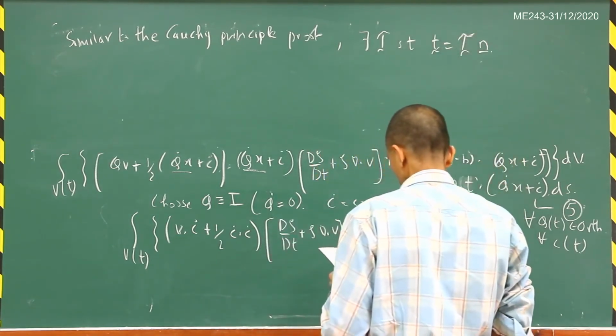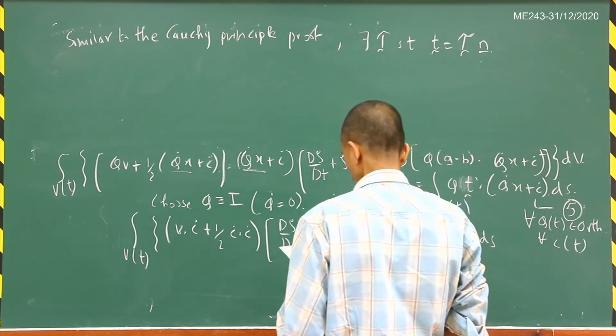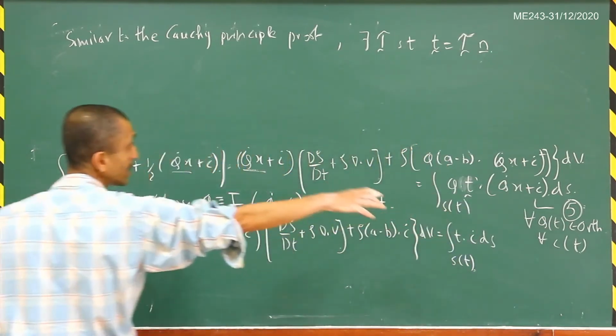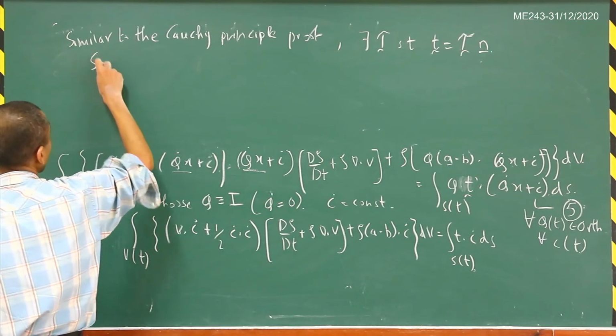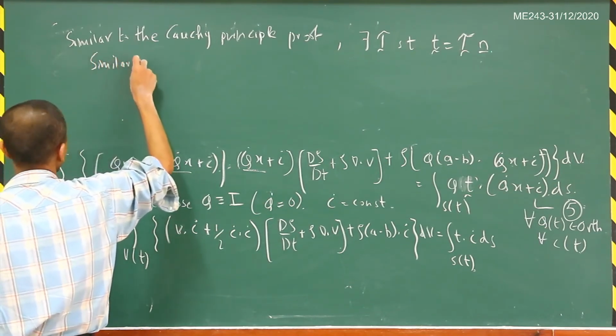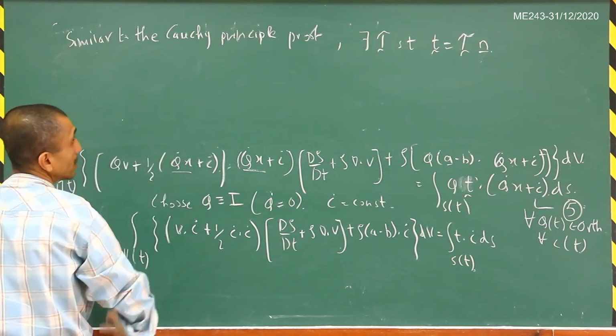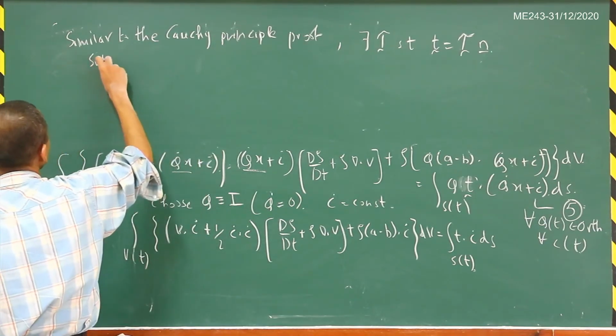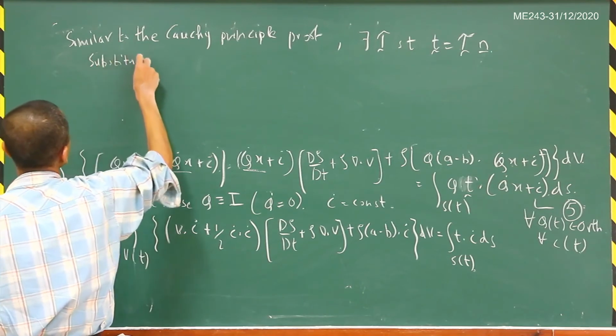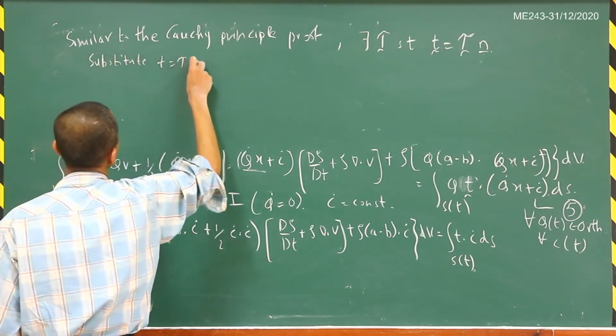And then now if you substitute this into 2, so substitute t equal to tau n into 2.